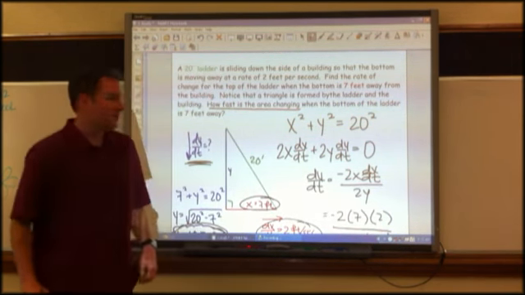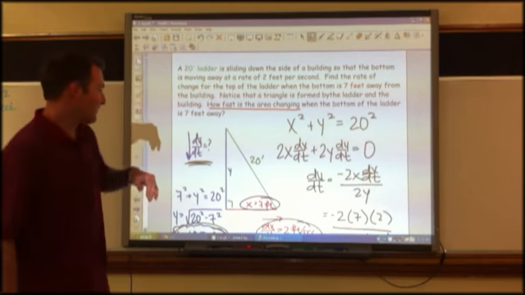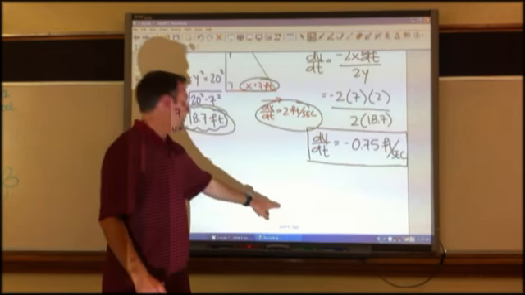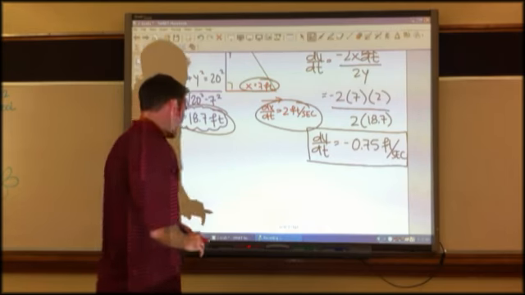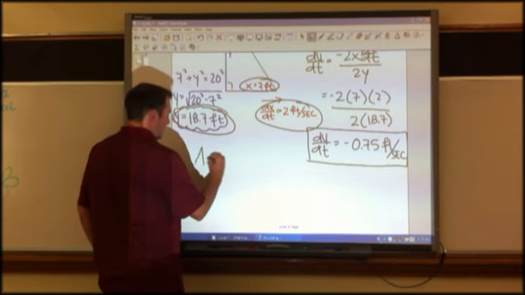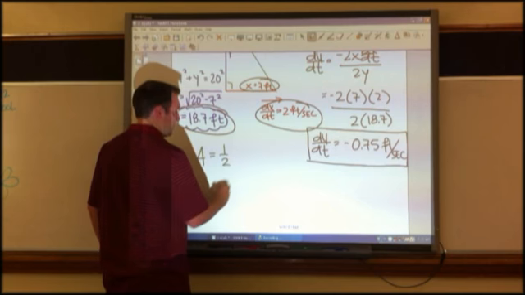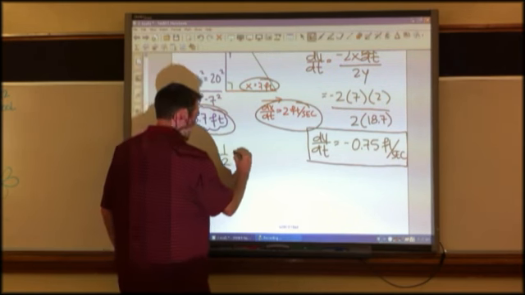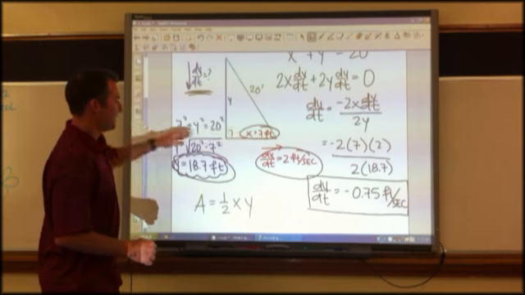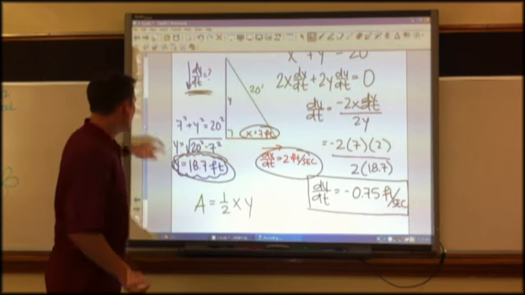How fast is the area changing when the bottom of the ladder is 7 feet away? So at the same time, I want to know how fast this area is changing. Well, this kind of starts the problem over again. I know that the area of a triangle is 1/2 base times height, but for the way I have this set up, the base is x and the height is y.